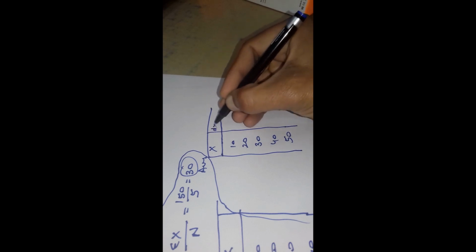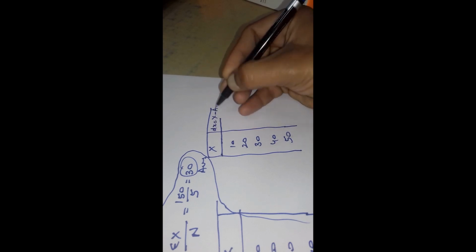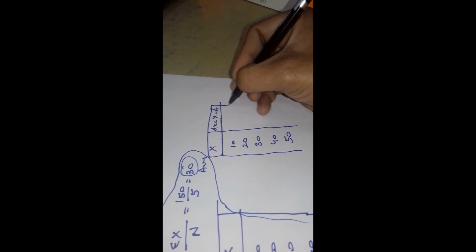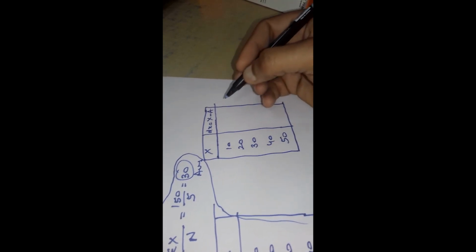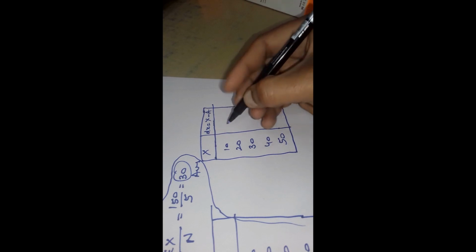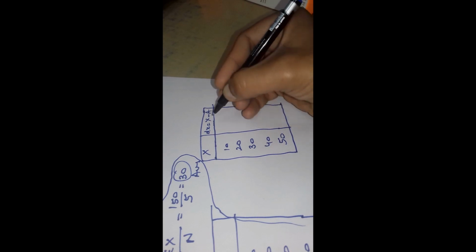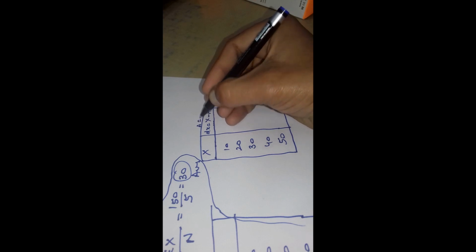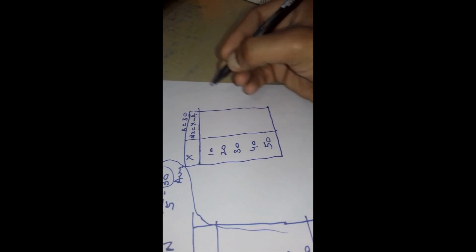Let's make dx equal to x minus a, where a is the assumed mean and x is the value which is given. For example, we are assuming a equals 30.